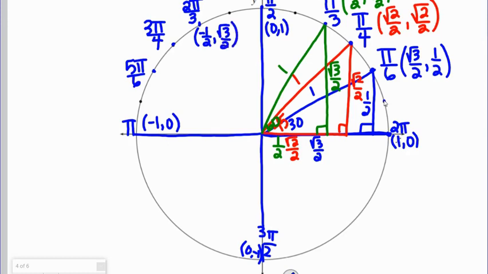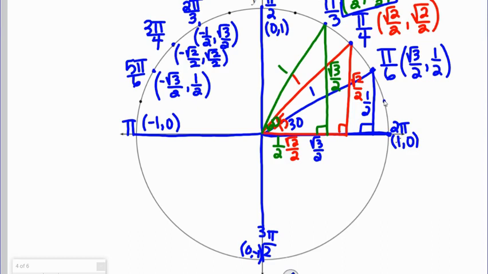I'm looking just at these coordinates and changing the positive and negative. For 3 pi over 4, again, the x coordinate is negative, so negative square root 2 over 2, and then square root 2 over 2. For 5 pi over 6, that corresponds with pi over 6. Again, the x coordinate is negative, so negative square root 3 over 2, positive y 1/2. That's quadrant 2.